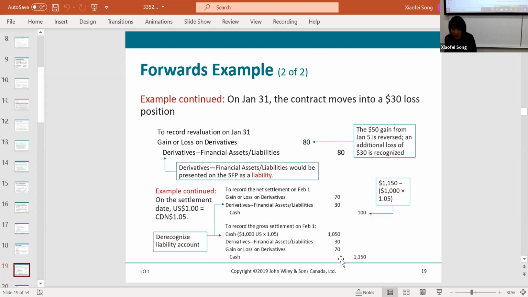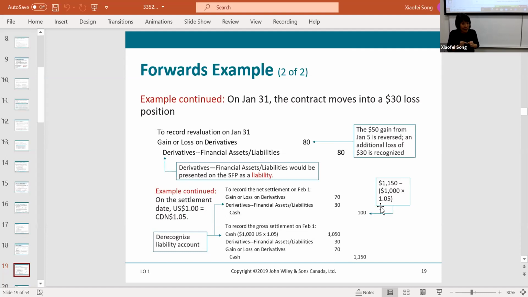Now, if it is settled net, cash settlement, you basically just get the value difference. The difference is, with the contract, you need to pay $1.15 for each US dollar. Without the contract, you only need to pay $1.05.